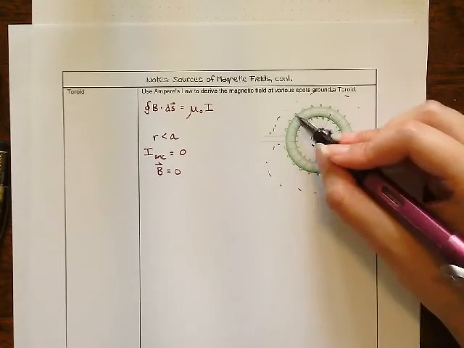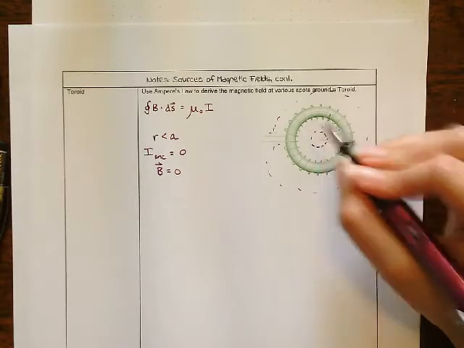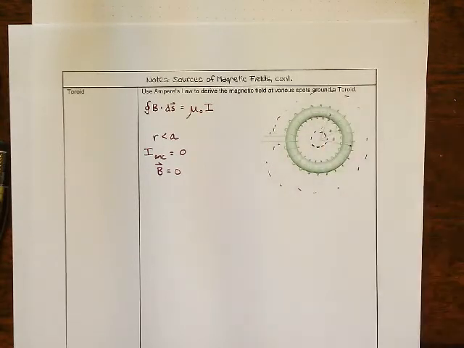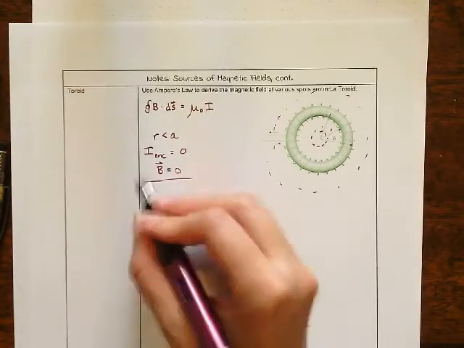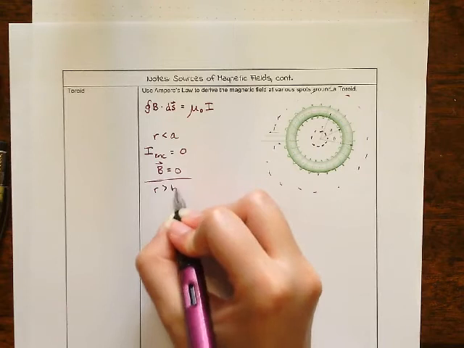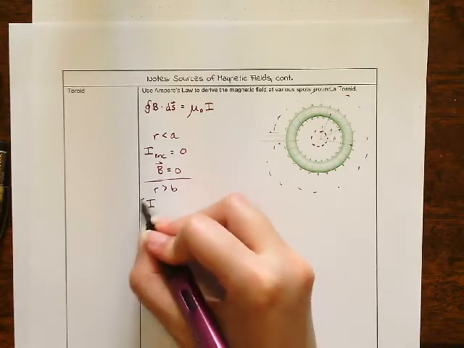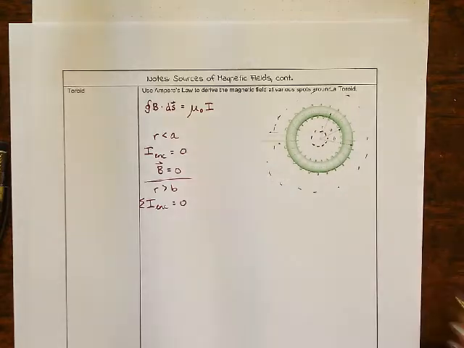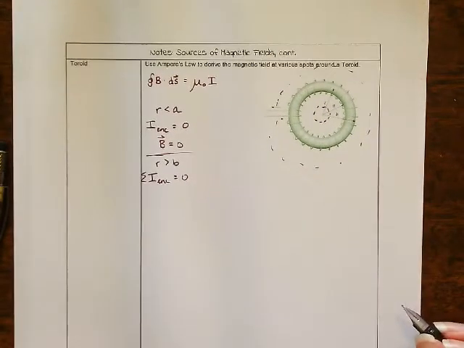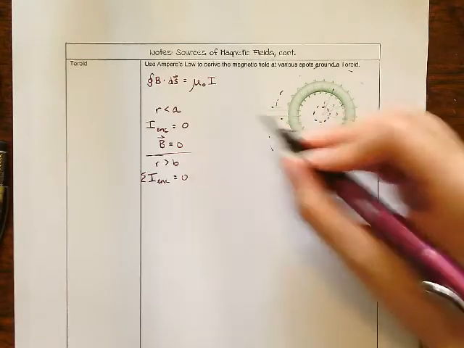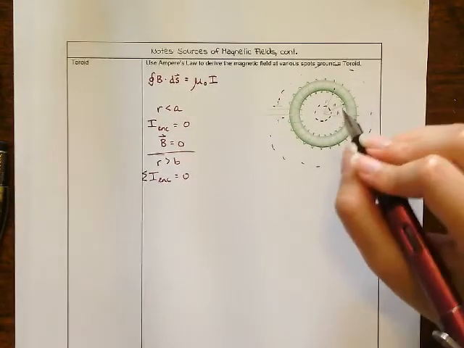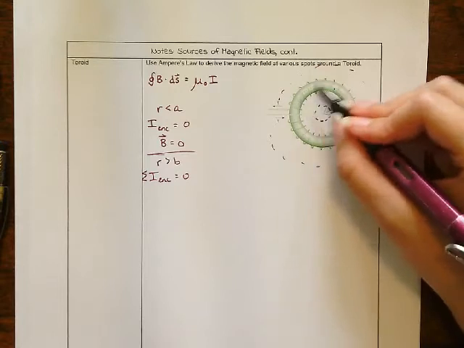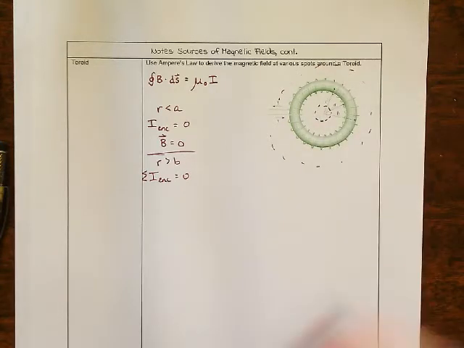We've got current going into the page and current coming out of the page. It always ends up canceling out, so our net current ends up being 0 as well. So this one's too small, this one's too big. The correct size for our Amperian loop is just right in the middle of our toroid.